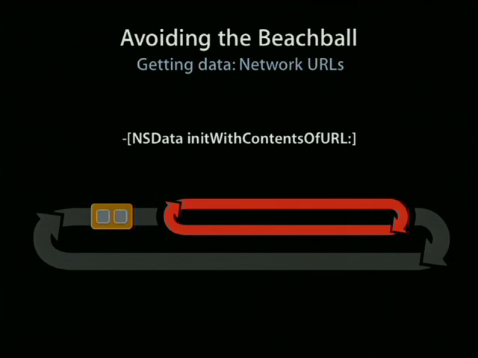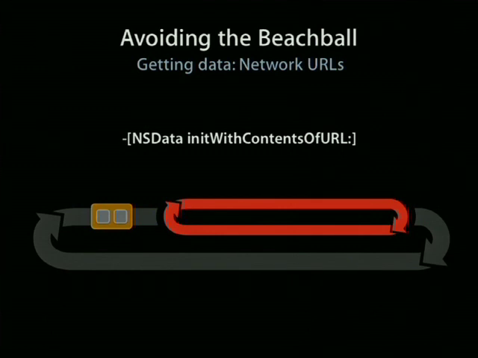But the internet is a tremendously inconsistent place. So if you're trying to download even something as simple as a 300 or 400K file, but it's from a very slow web server, or it's over an unreliable connection, initWithContentsOfURL is just going to block waiting for data. And if there's nothing there, it's just going to sit there and wait until something comes in. So it's blocking the event loop.